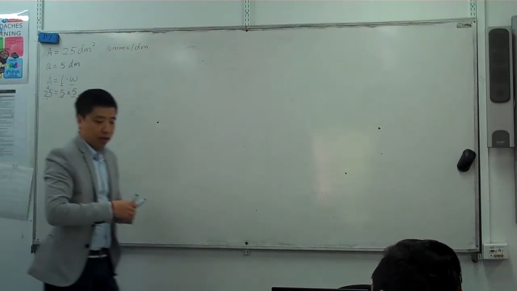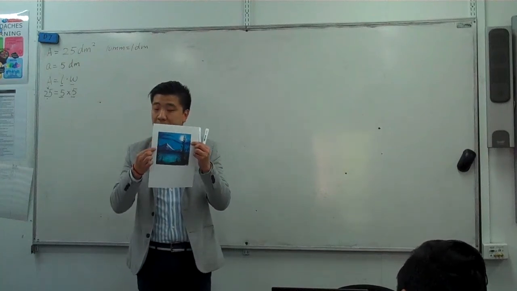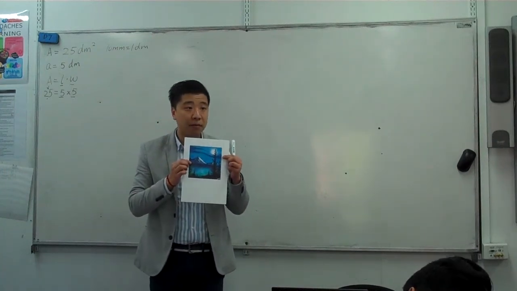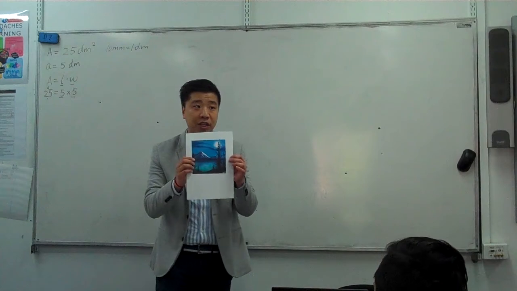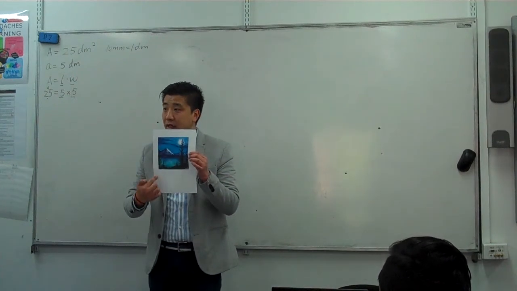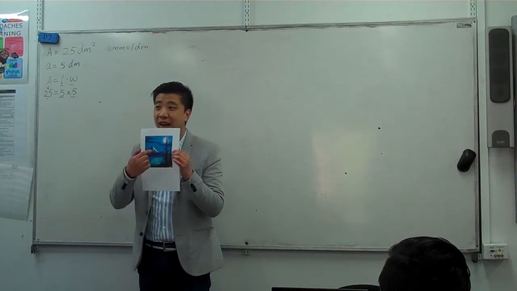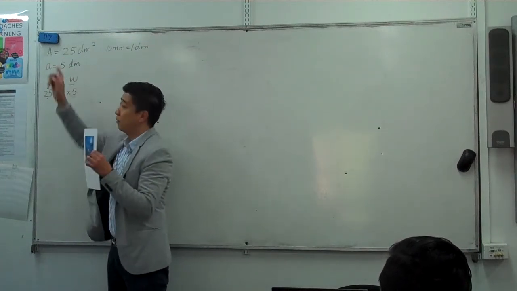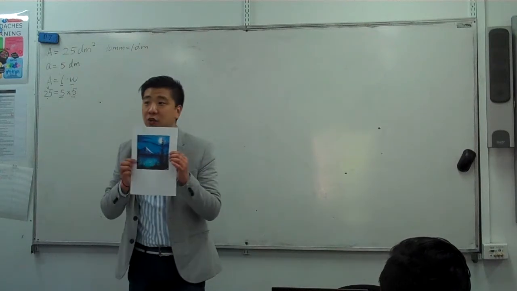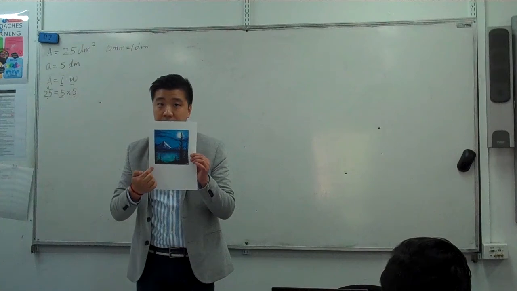Now, just now we used this example to find out the side is 5. Now, for example, if this picture has the area 1, how long is the side? If the area now is not 25, it's 1 square decimeter, how long is the side? 1.